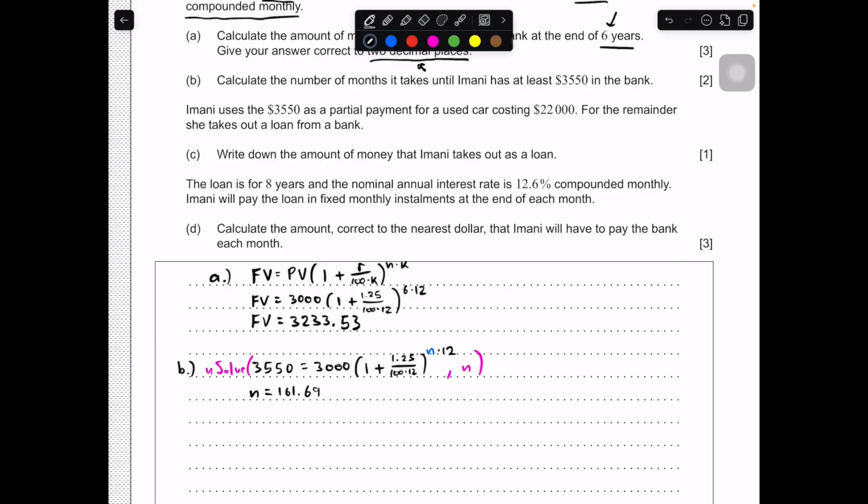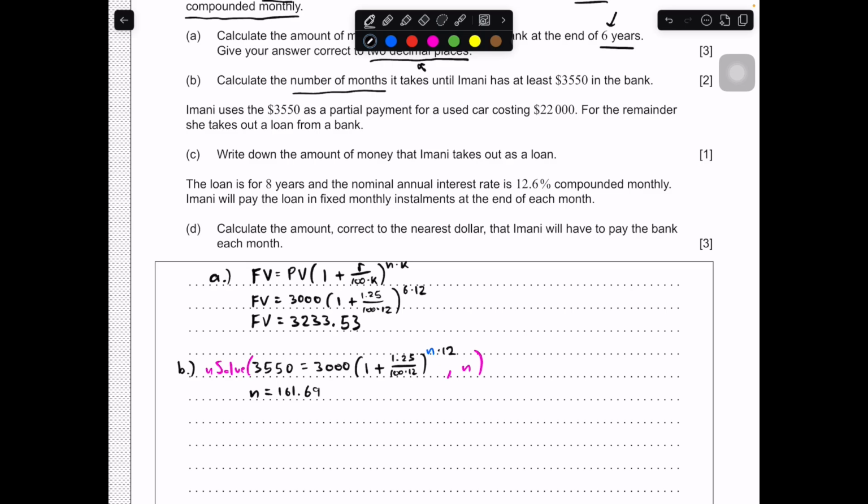In some questions it matters. In this question, I looked at the formula earlier and it looks like they are accepting the decimal, but again, if they're asking us for the number of months, the bank pays out interest at the end of the month. So in this case, after 161 months, we don't yet have $3,550.